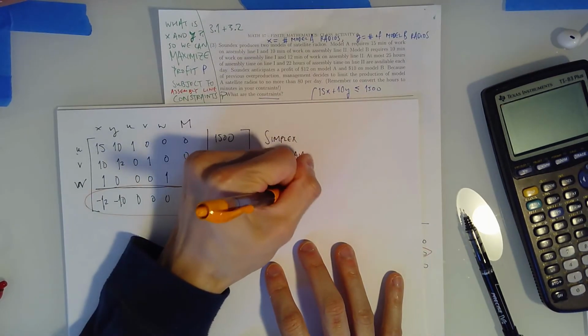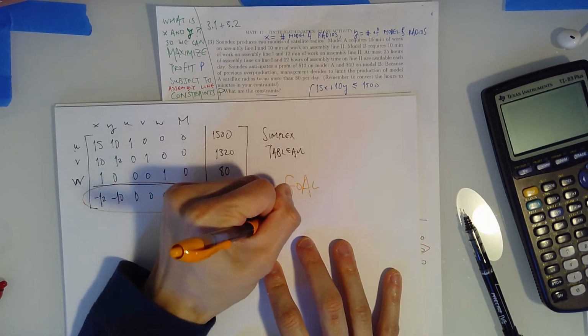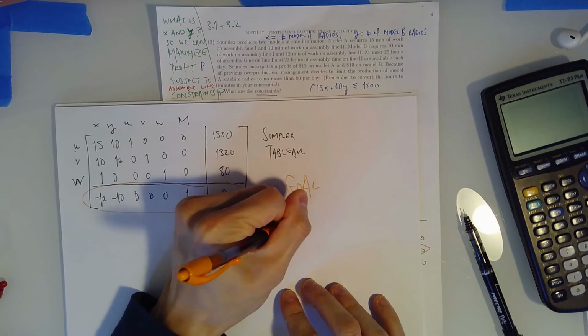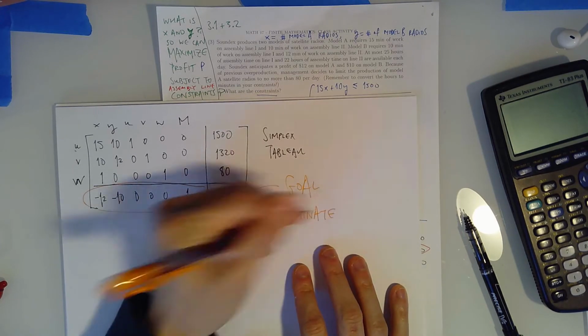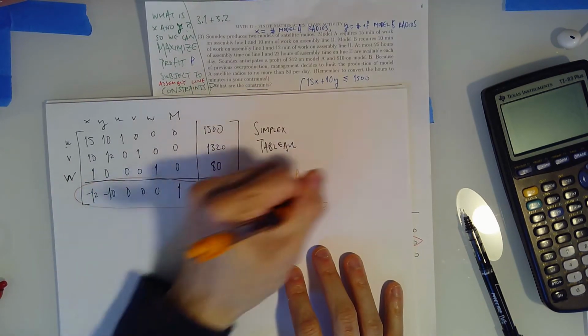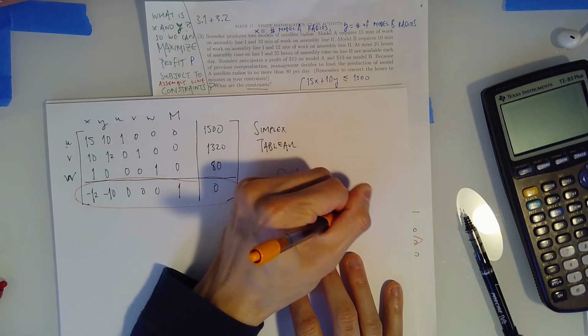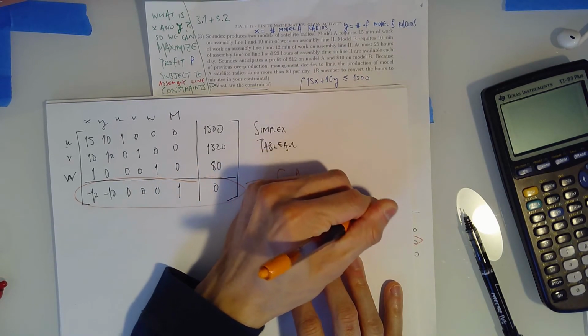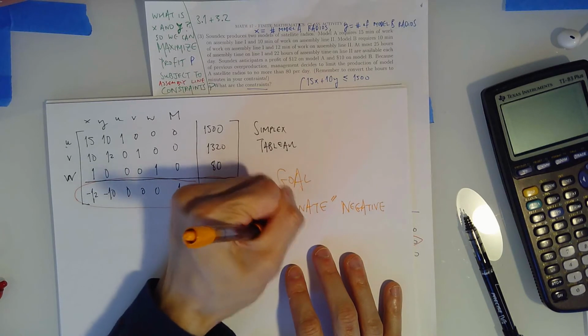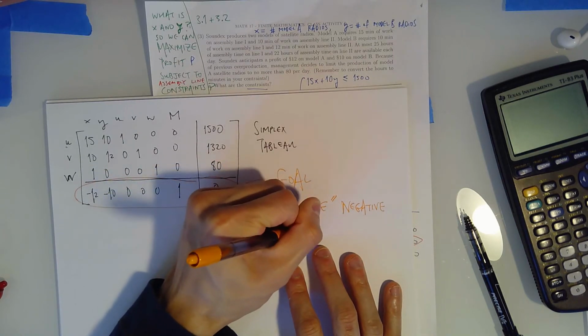The goal: eliminate negative numbers. So 0 is okay, positive is definitely good, but you want no negatives here.